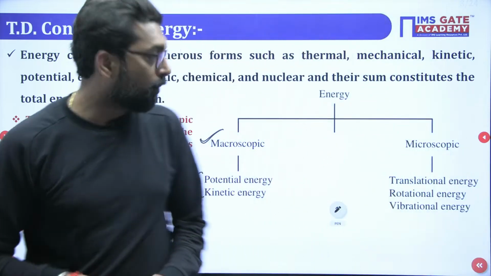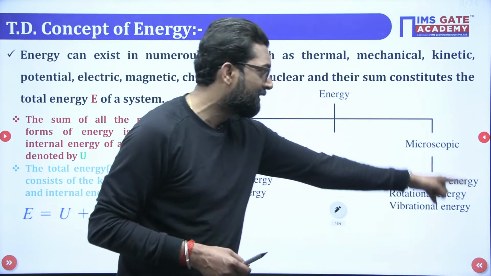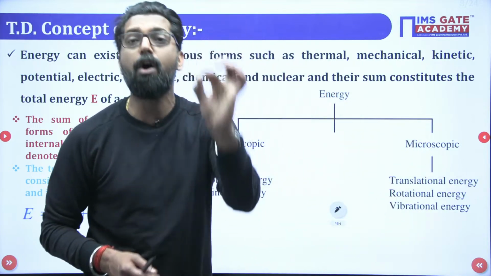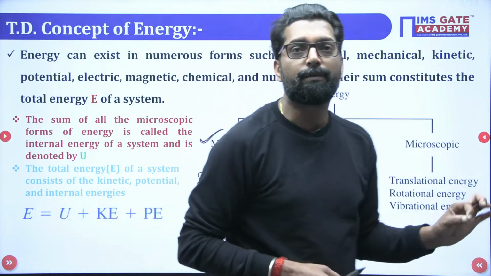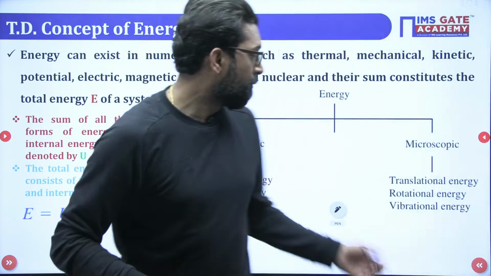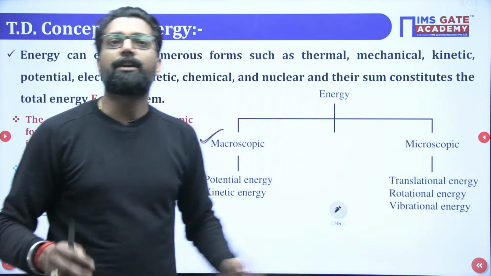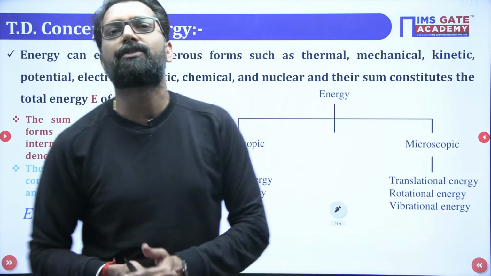At the micro level, translational energy, rotational energy and vibrational energy are strong functions of the temperature of the system. If you increase the temperature of the system, molecules may translate more, rotate more, vibrate more. So it is associated with the kinetic energy and also with the potential energy.